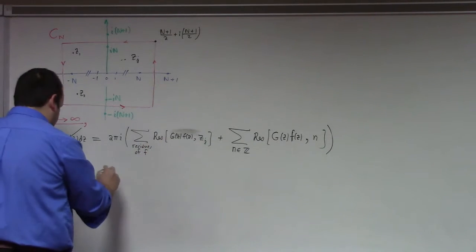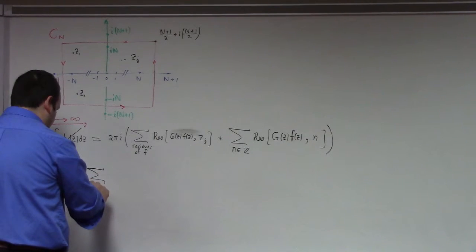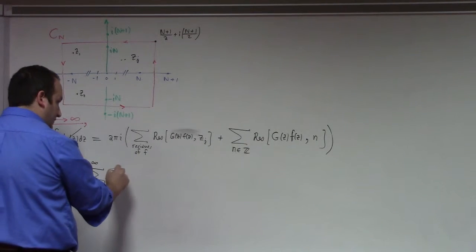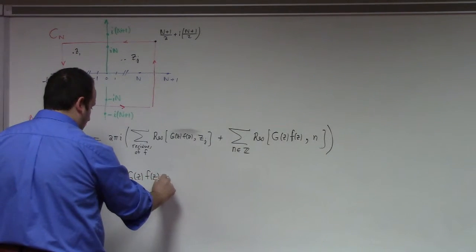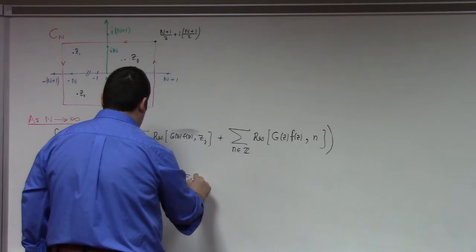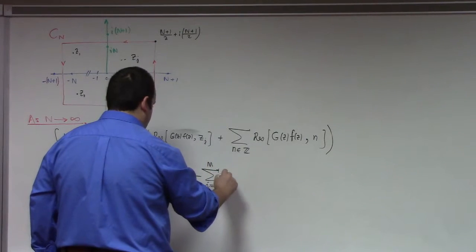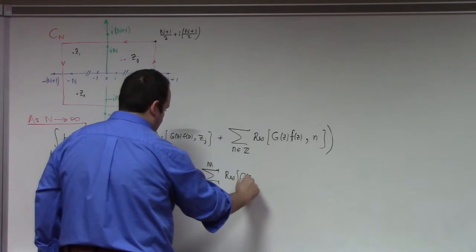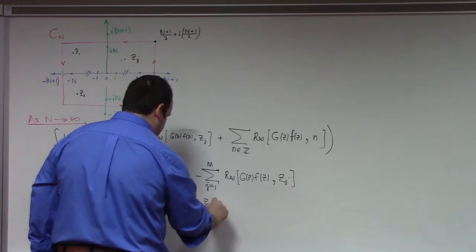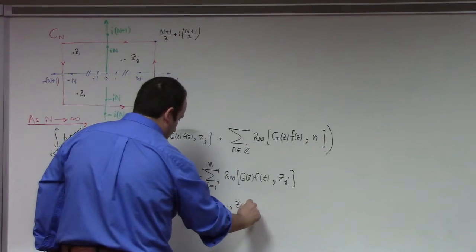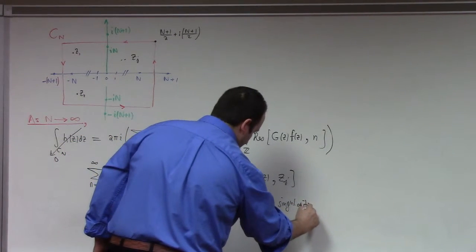And then we get this wonderful formula, which says that the sum over n equals minus infinity to infinity of the residues of g of z, f of z, comma n is equal to minus the sum, let's say j equals 1 to m, of the residue of g of z, f of z at z sub j, where z1, z2, zm are the singularities of f.